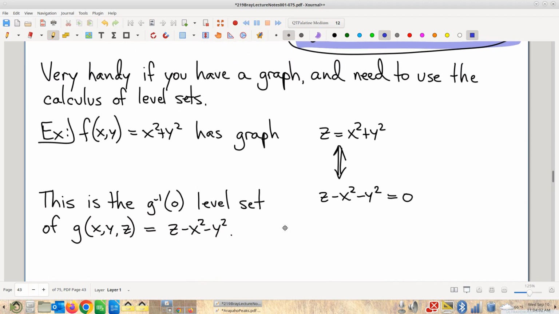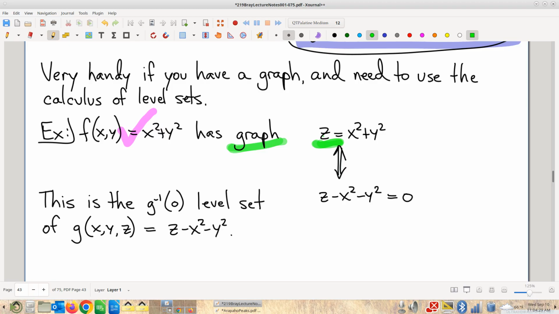Here's a really quick little example. We've already seen, again, this function. We can talk about its graph by setting it equal to z. Maybe for whatever reason, I'm interested in some geometric property of the graph. Right? Maybe the fact that I need to look at the graph may be imposed upon me externally somehow.